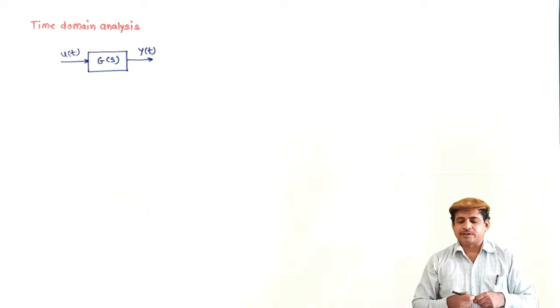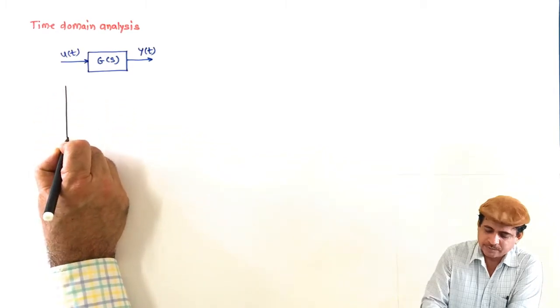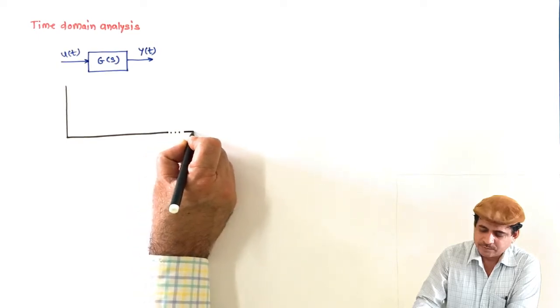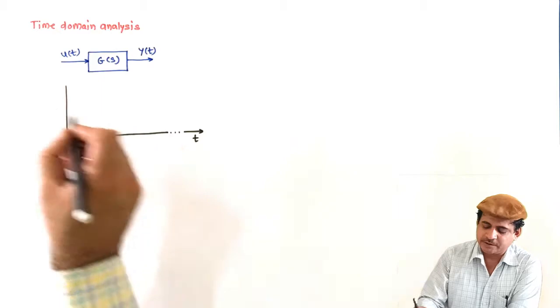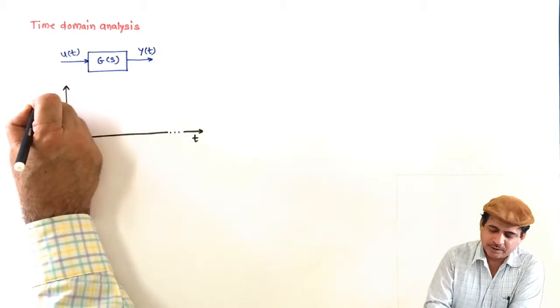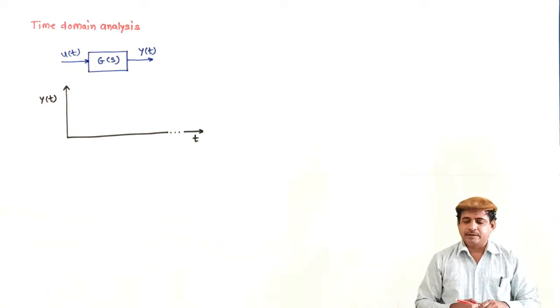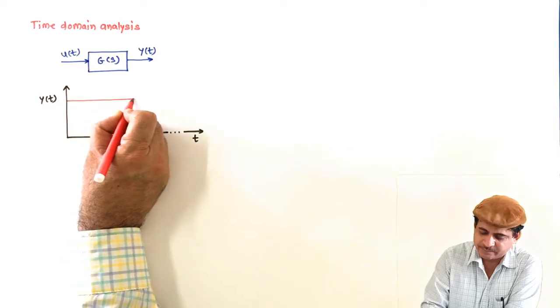Then, if we record this output with reference to time, this is the time axis, and here I am plotting, say, output y(t), and let this be the steady state.